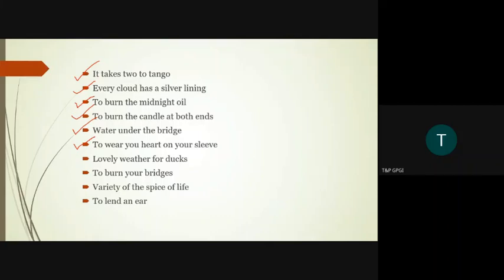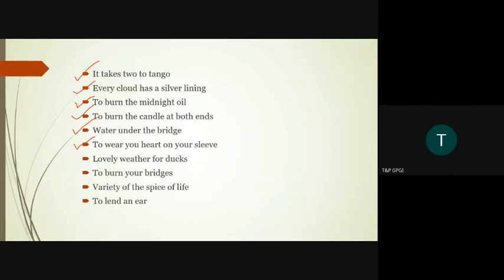An example of it is, it's going to be lovely weather for ducks now. As you can see today, like in Nagpur, it's slightly cloudy. So you can use this if you don't like rainy season or rain much. It's going to be lovely weather for ducks, but not for me.